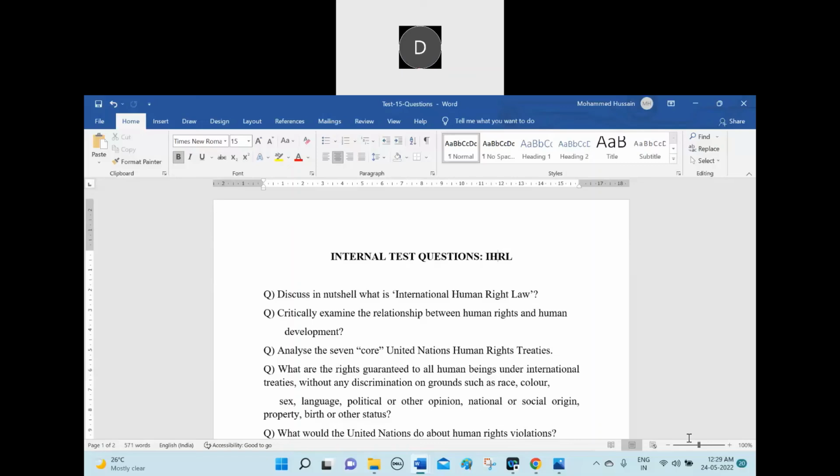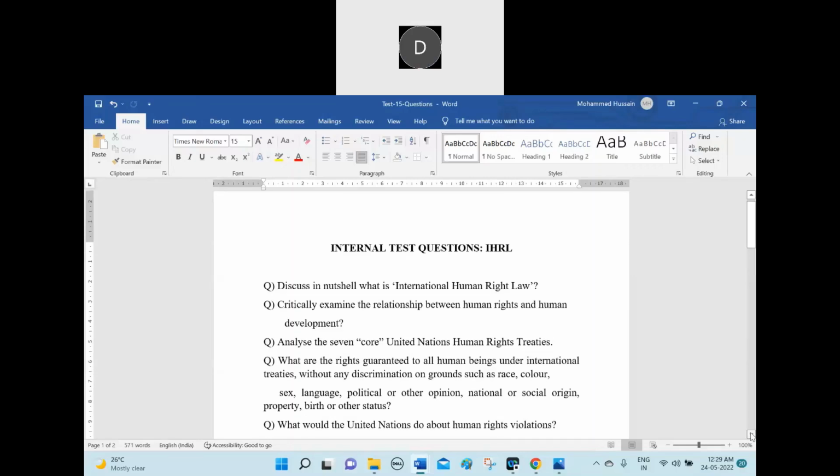Next. Analyze the seven core United Nations human rights treaties. Proceed. What are the rights guaranteed to all human beings under international treaties without any discrimination on grounds such as race, color, sex, language, political or other opinion, national or social origin, property, birth, or other status?